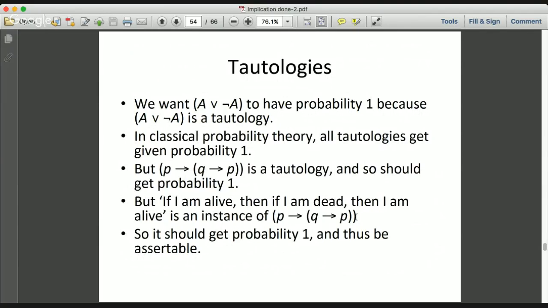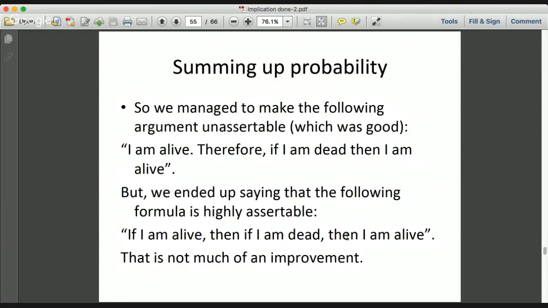Because if it was, then you wouldn't get that if I'm alive, then if I'm dead, then I'm alive has probability 1 and is assertable, right? We managed to say that if I'm alive, therefore if I'm dead, then I'm alive, was unassertable because of the probability considerations we just had a minute ago.